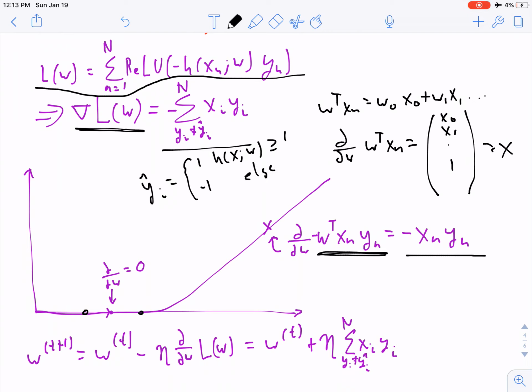If we misclassify the point because the prediction is not equal to the true value, then we sum over all those points the gradient of those values, which is negative xn times yn. We're just summing that up for all the points that we misclassified.